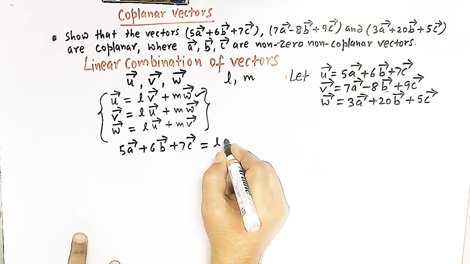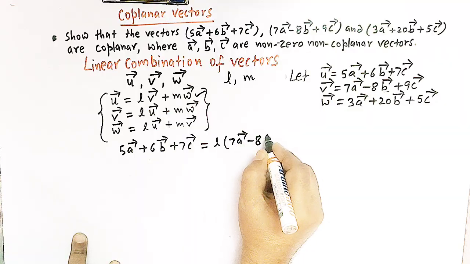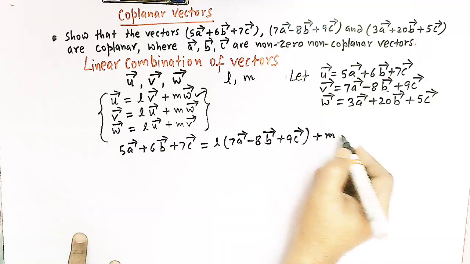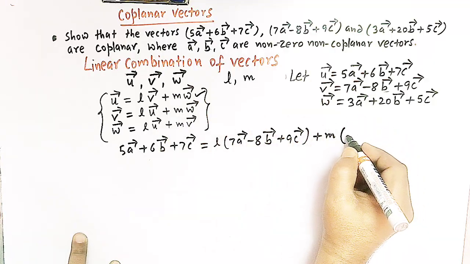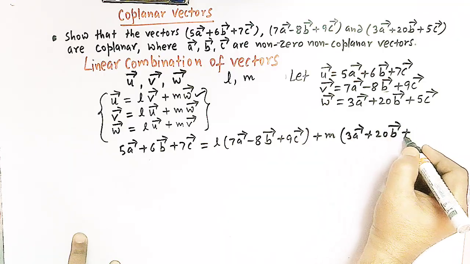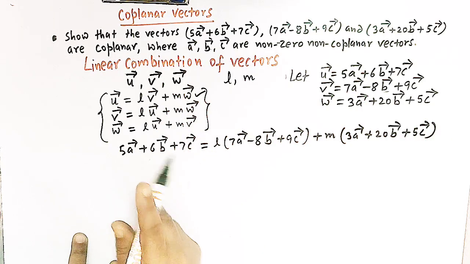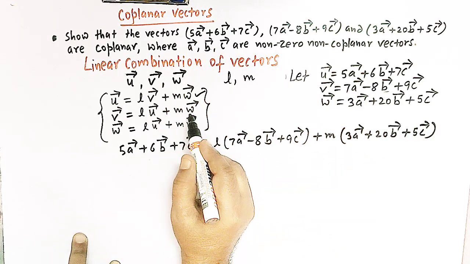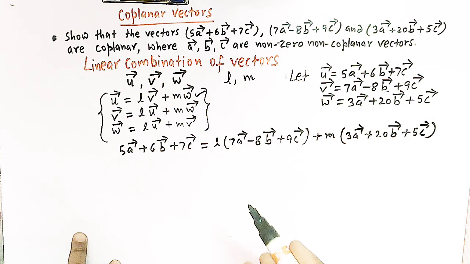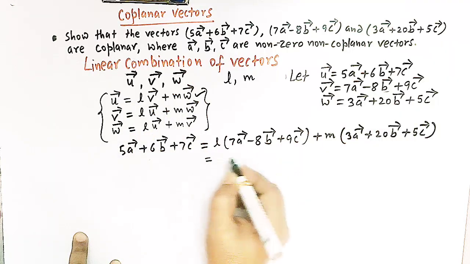So here we have L, and vector v is 7a minus 8b plus 9c, and here we have M, and vector w is 3a plus 20b plus 5c, right? So using this equation, we have now this expression. We can also use these two equations and we'll get the same result, right? So here we'll prefer this one. So now let us simplify here.